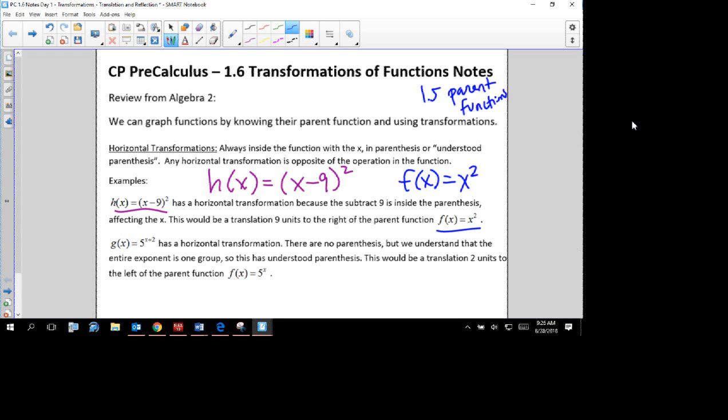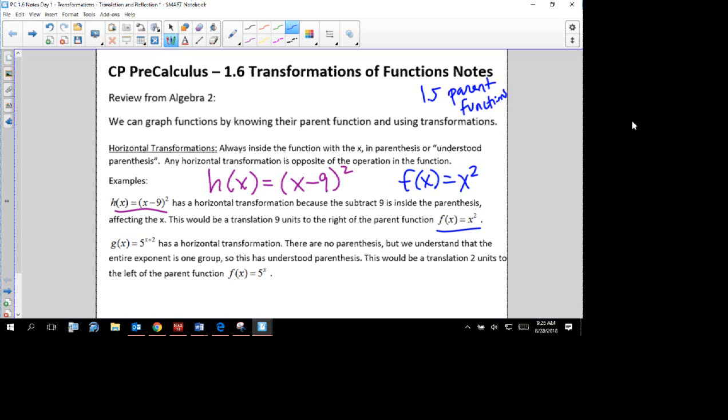So if you forget numbers for the parent functions, if you forget their shapes, you can pull out your notes from 1.5 while you're doing your assignment. Looking at this blue one, f of x equals x squared, and then the purple, h of x equals x minus 9 squared, how are they changed? How's the parent changed? That's cool. Okay, so you gave me even more information than I needed. You just say, oh, there's a minus 9 in there, right? That's how they're different. So that means there's a transformation.